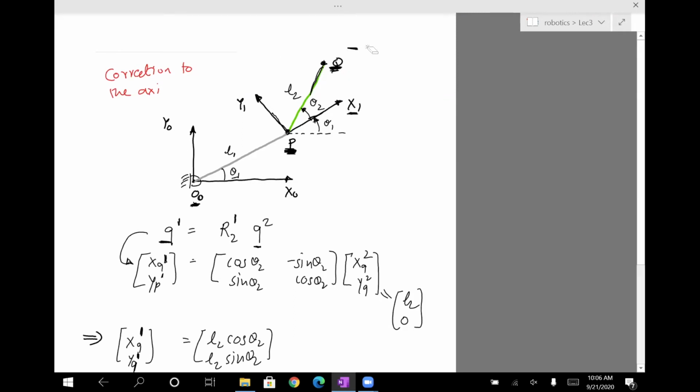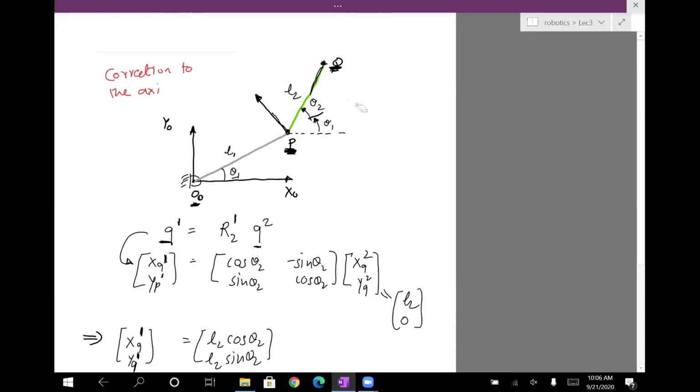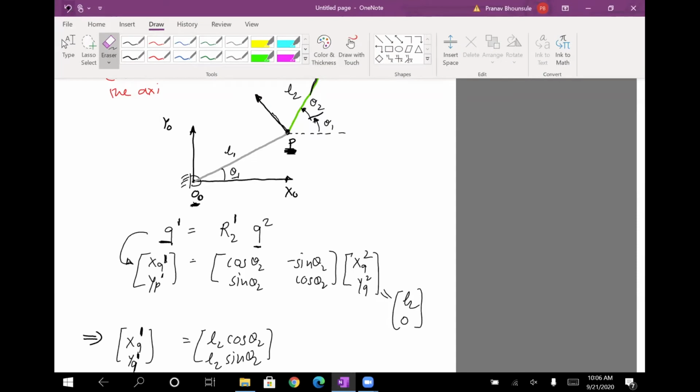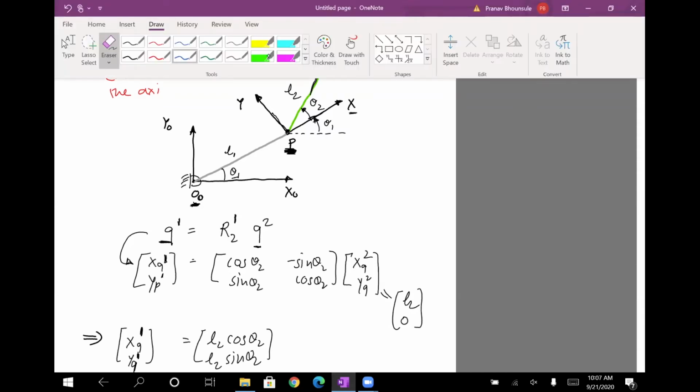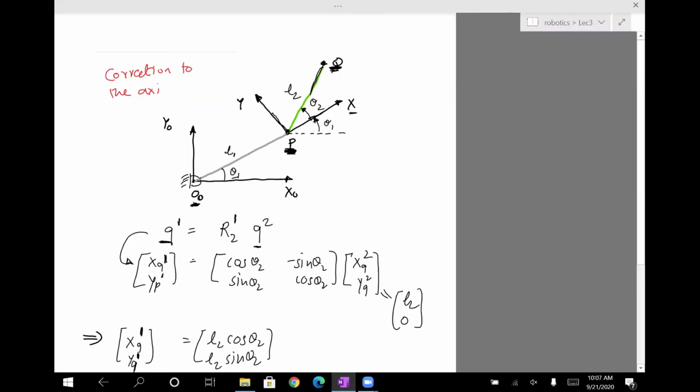I don't need them. And I'll erase this name. Okay, so the correction is, I need to draw it like this: x1, y1, and this is x2, y2.